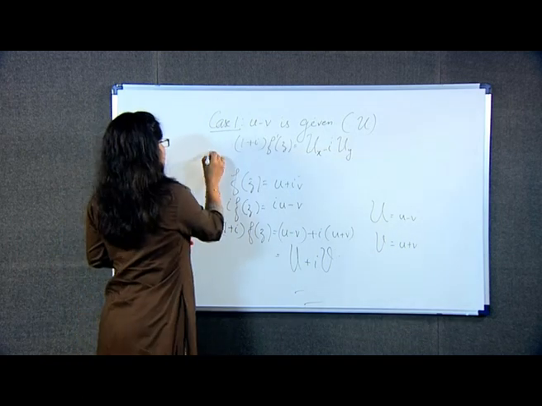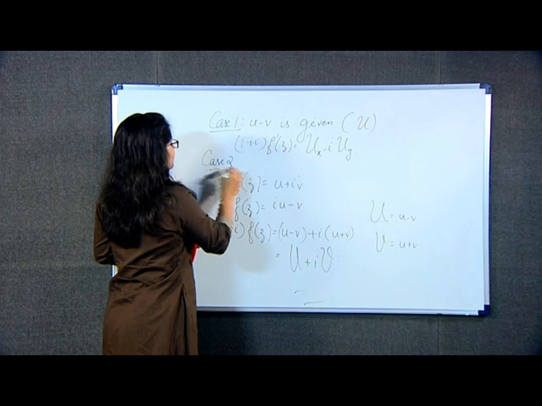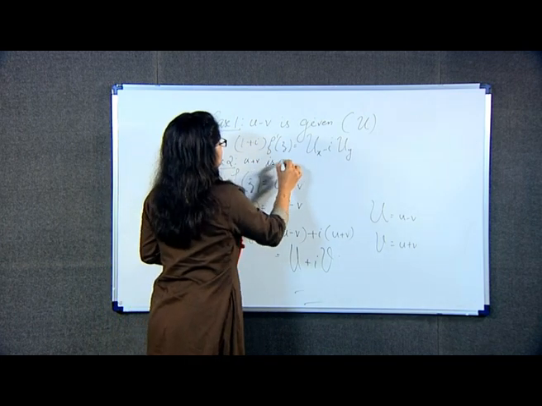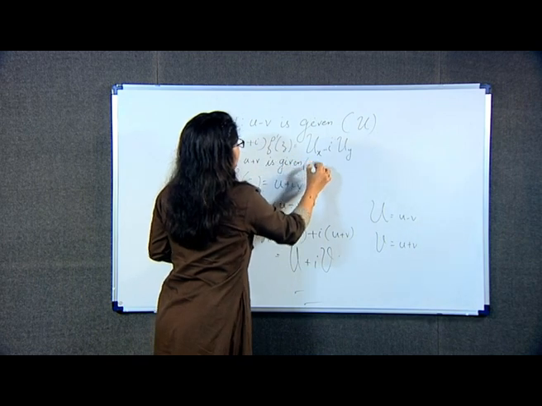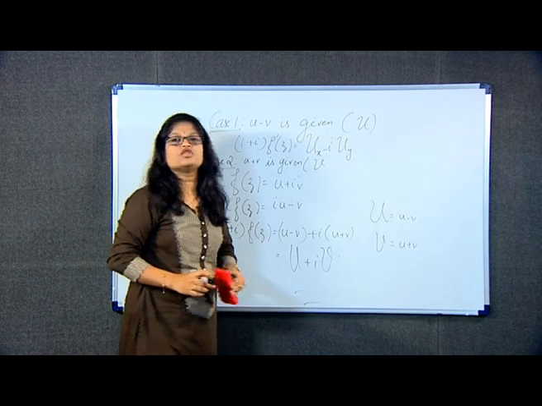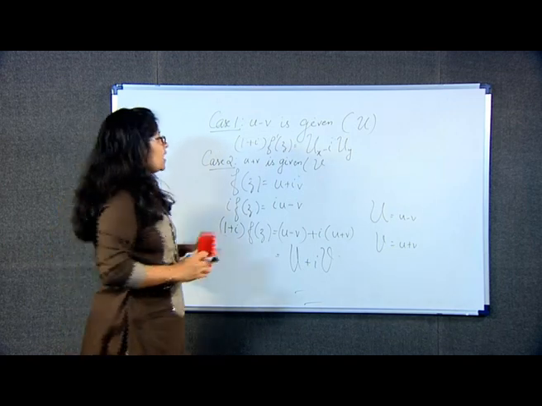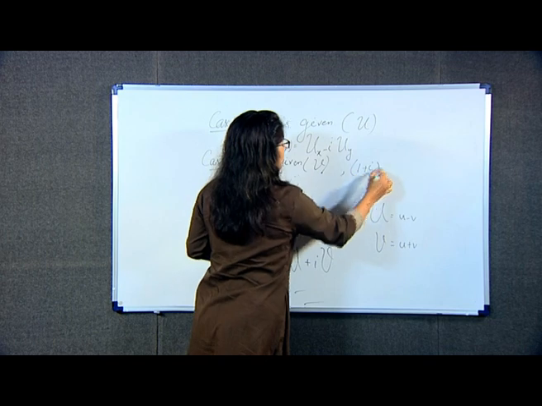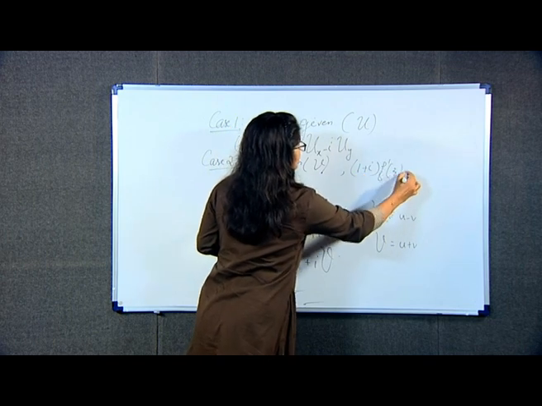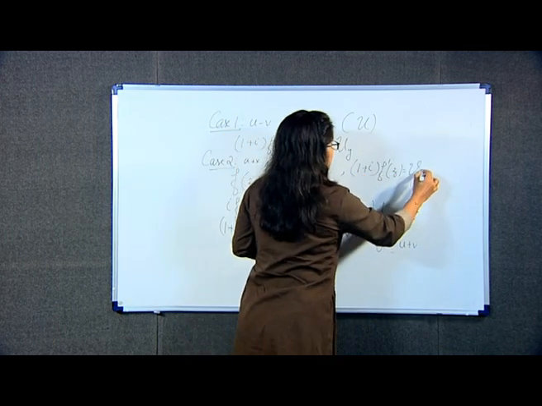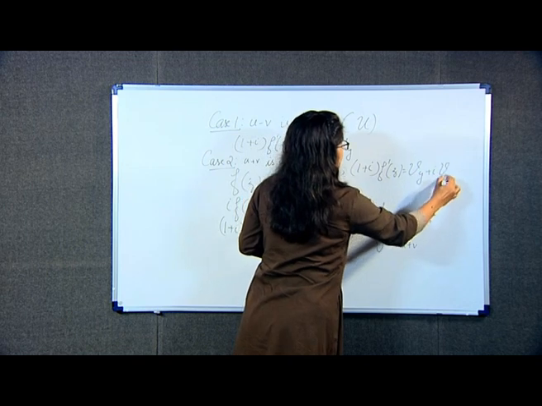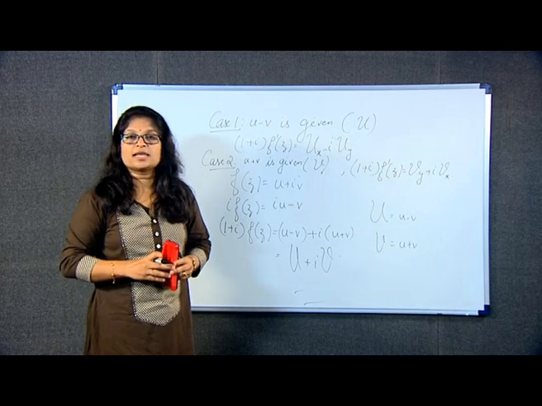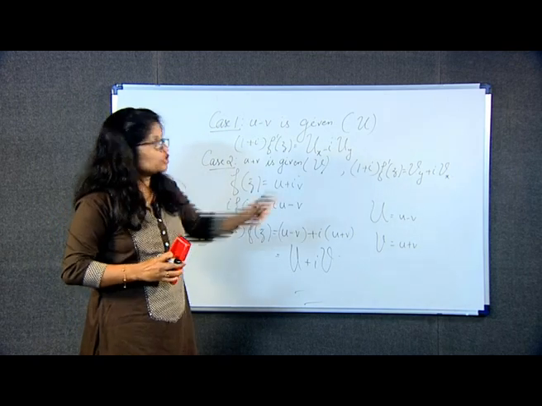Now, in the second case, if u + v is given, that is the capital V which you have denoted as u + v, in that case I have my (1 + i) f'(z) as V_y + i V_x. So, now this is the second case in your Milne-Thompson method.